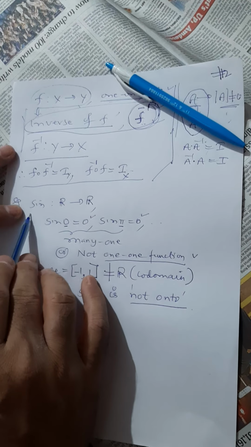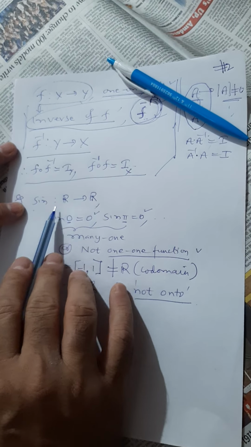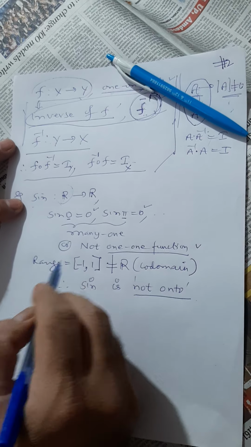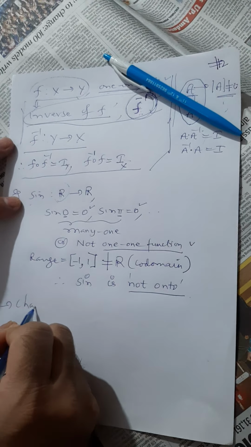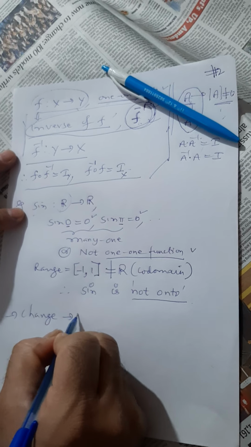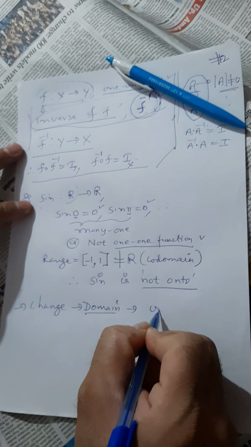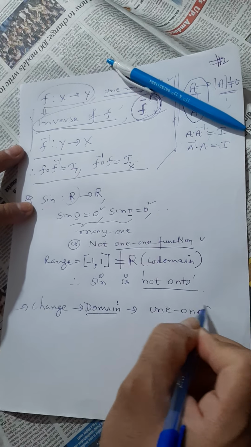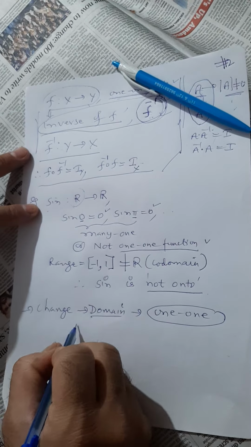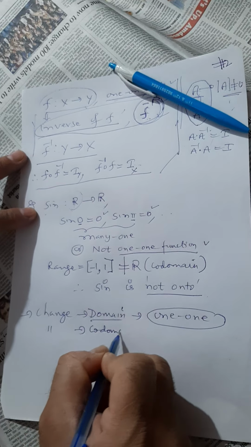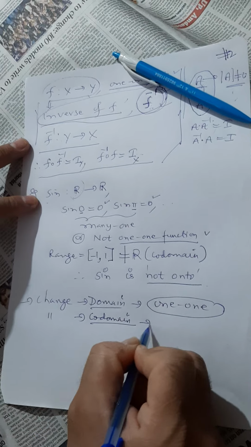So you cannot get the inverse of this function from R to R directly. So we need to change the domain to make it 1-1. Number 1. And we change the codomain to make it onto.